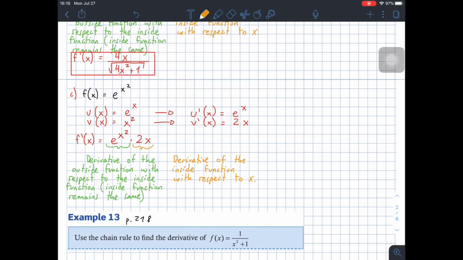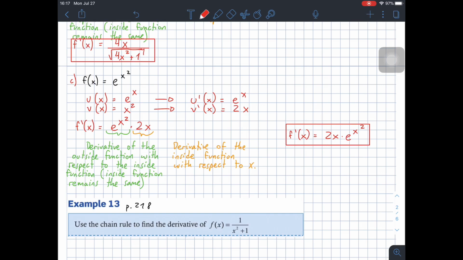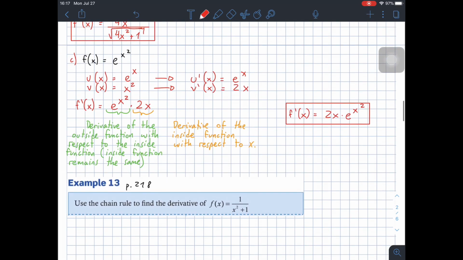Okay, so the final answer would be f prime of x equals 2x times e to the power of x squared. Generally, the x itself is written first, and then any other function such as e or natural logarithm or whatever. So that'll be the final result. Okay, so I hope this is being clear for you. Let me just show with an arrow this.